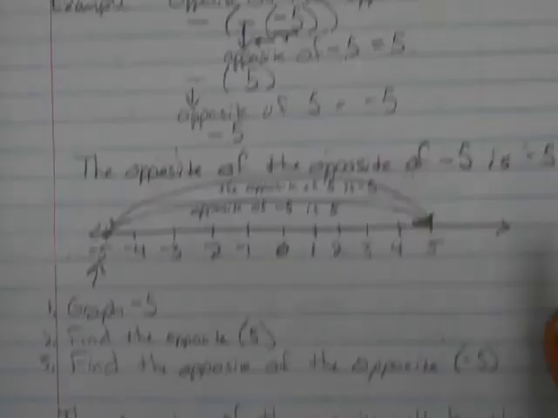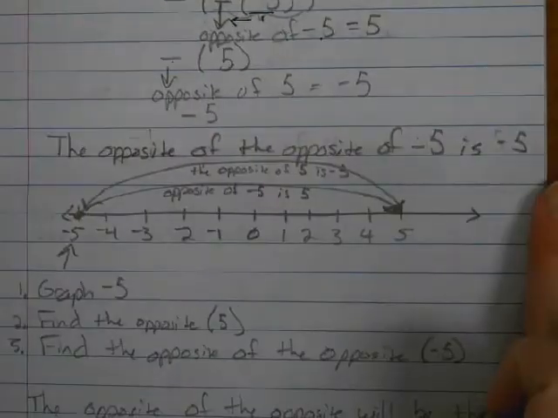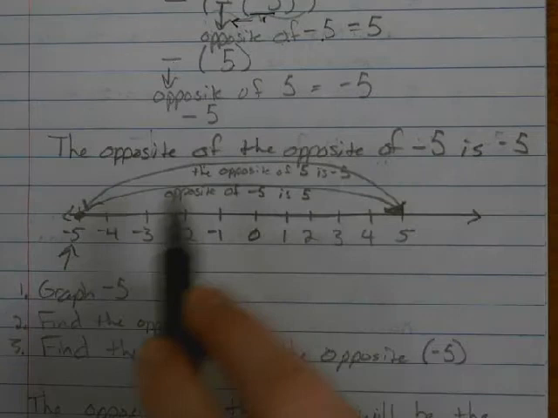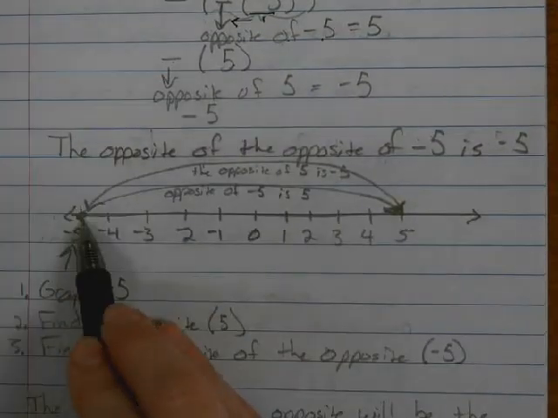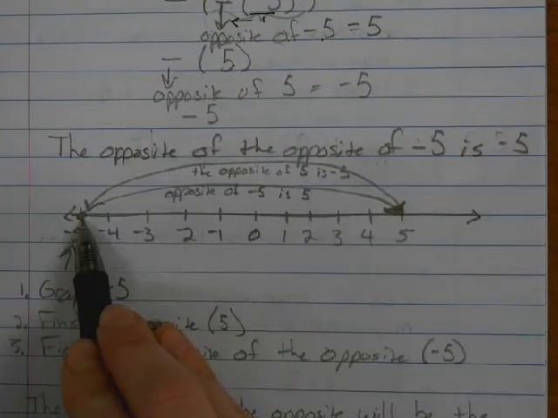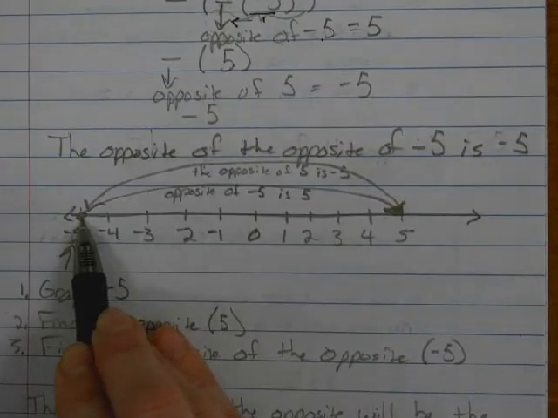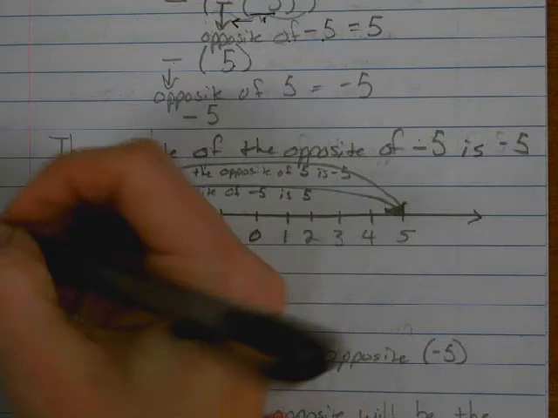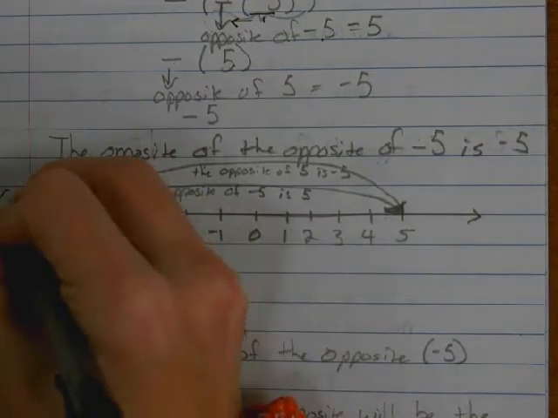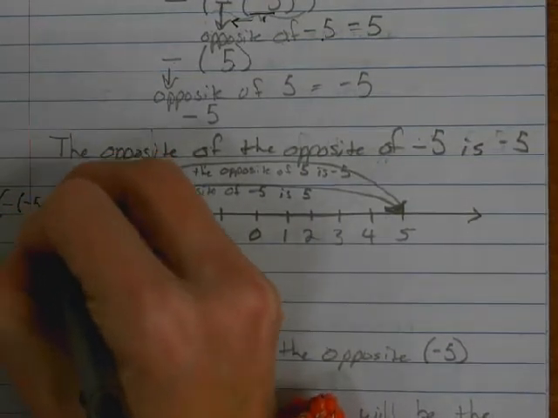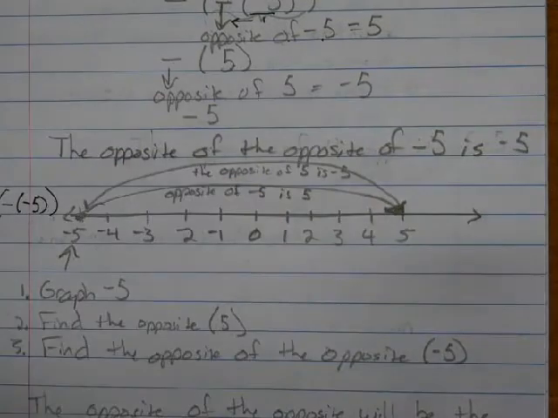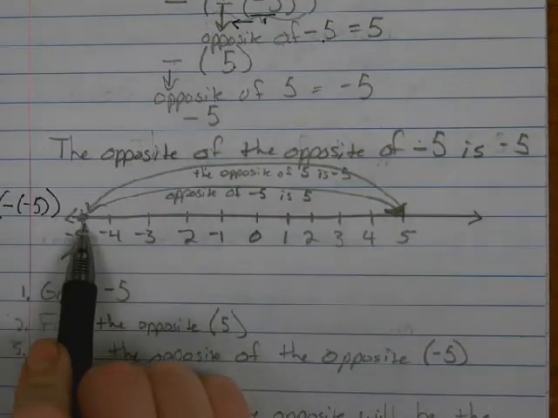If you look here at the number line, this is kind of how you would show it on a number line. So we started with a negative 5. So I plotted my point at negative 5. My first step was finding the opposite of negative 5, because again, we had to find the opposite of the opposite. So step 1, my number, graphed it.